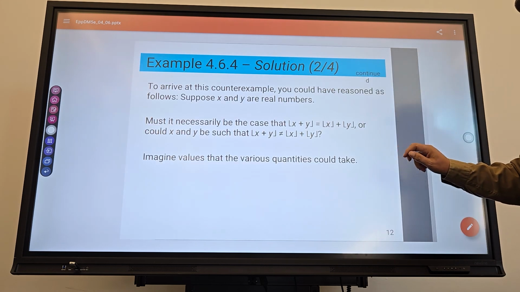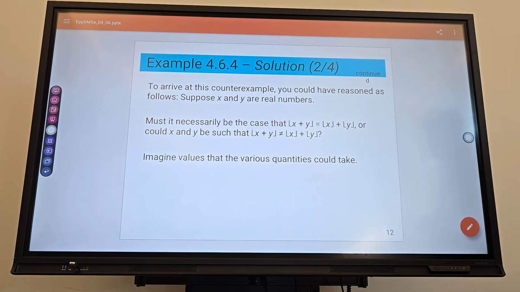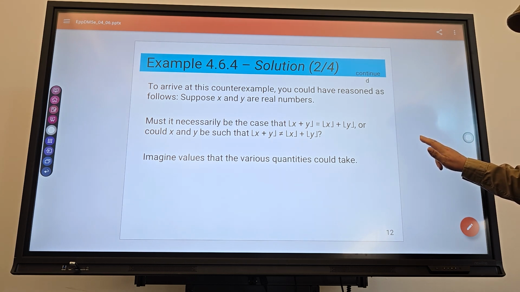So to arrive at this counterexample, you could have reasoned that x and y are real numbers. Must it necessarily be the case that the equation is true, or could x and y be such that it's not equal? Imagine values that the various quantities could take.